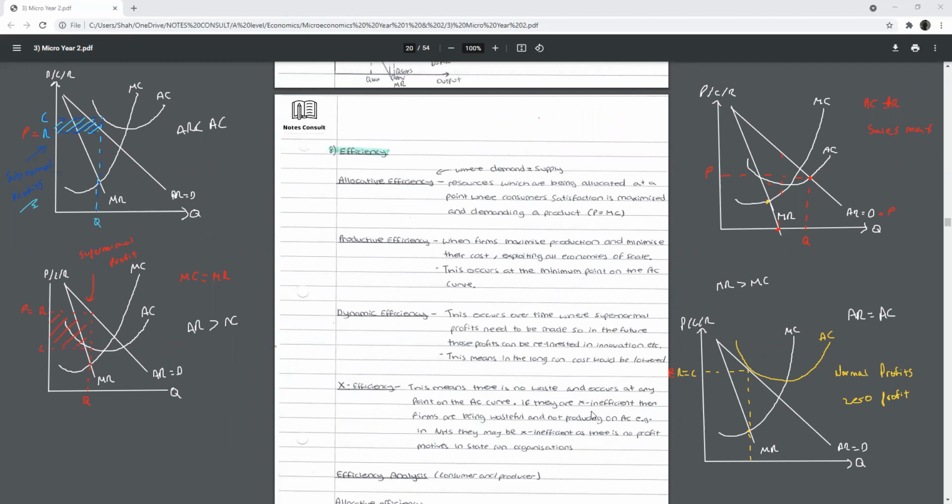None of these imperfect competition graphs are allocatively efficient. Why? Because P is not equal to MC in any of these graphs. I could show where P is equal to MC. I'll give you a little tip here.